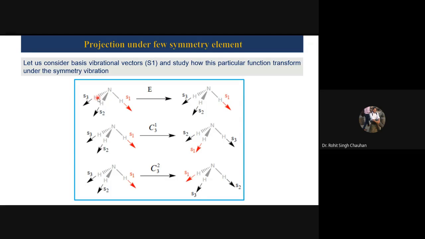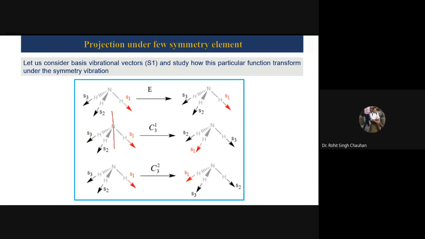Now, through the symmetry elements, we will see what changes are going to happen. As I told, E is a 360 rotation, so nothing is going to change. So we'll write S1, S2, S3 the same way as it was earlier. Now C3 1, this is C3. Now you are going to rotate the molecule along this way, right? I can tell you how. This is your C3.